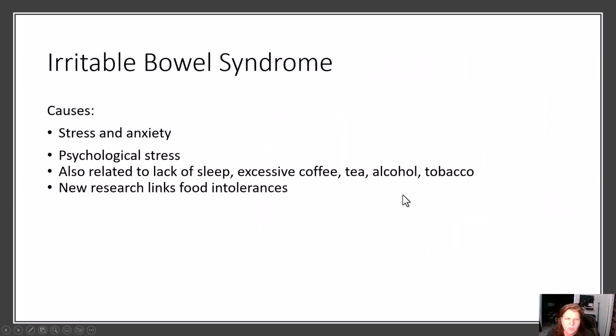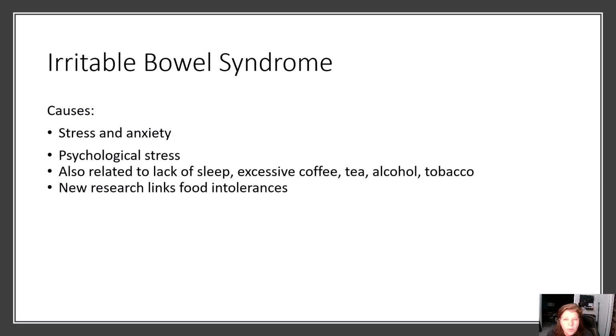So what we believe causes this, or at least makes the symptoms worse, is stress, especially psychological stress, and anxiety. We also believe it's related to lack of sleep, excessive coffee, tea, alcohol, and tobacco. We do also believe, through some new research, that some of it may be linked to food intolerances.